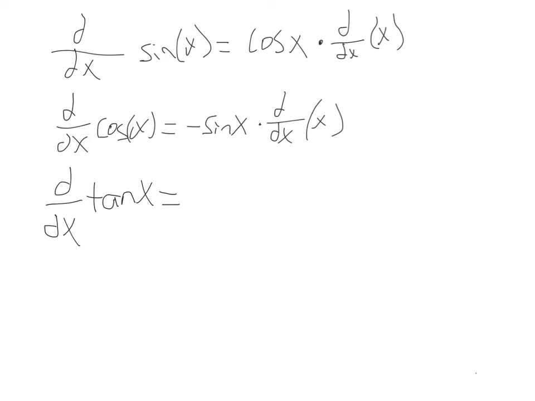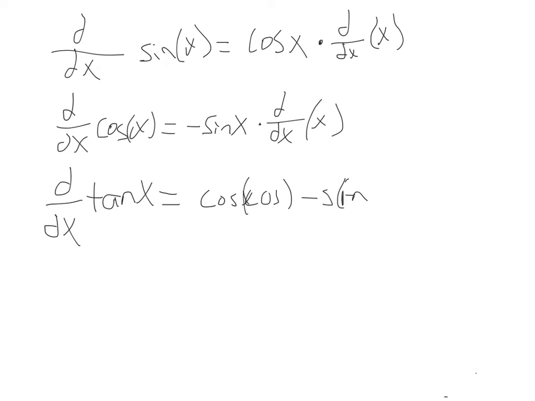Therefore, if I take the cosine times cosine minus sine times negative sine all over cosine squared, I get cosine squared plus sine squared all over cosine squared. And you told me a moment ago that sine squared plus cosine squared is equal to 1.